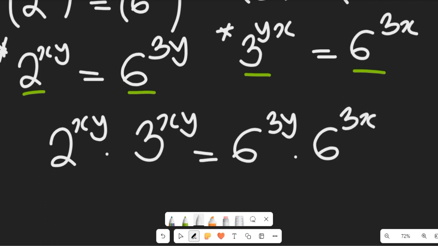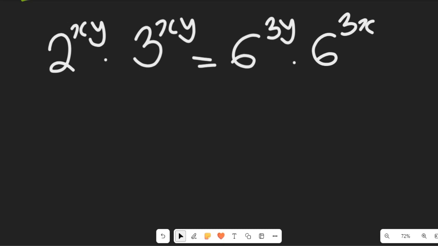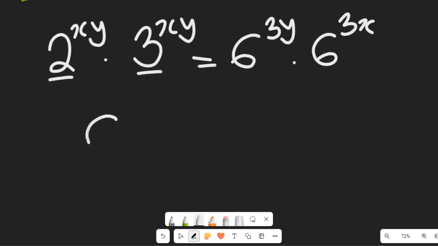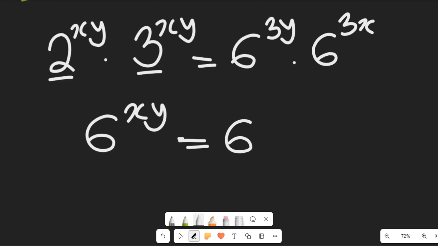If we simplify, according to the law of indices, since they have the same power, we can multiply the bases, and that will give us 6 to the power of xy, equal to 6 to the power of 3y plus 3x. Same power, different base; same base, different powers.